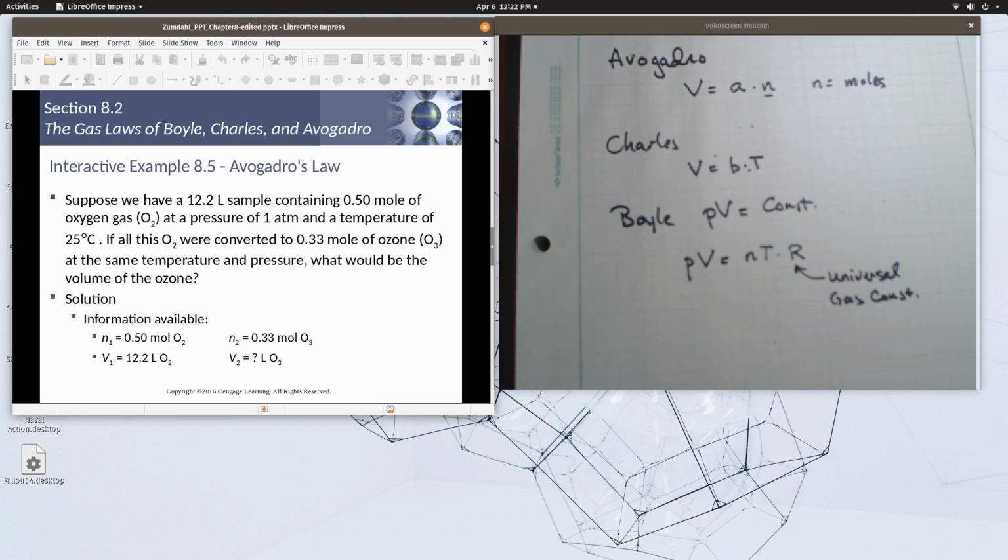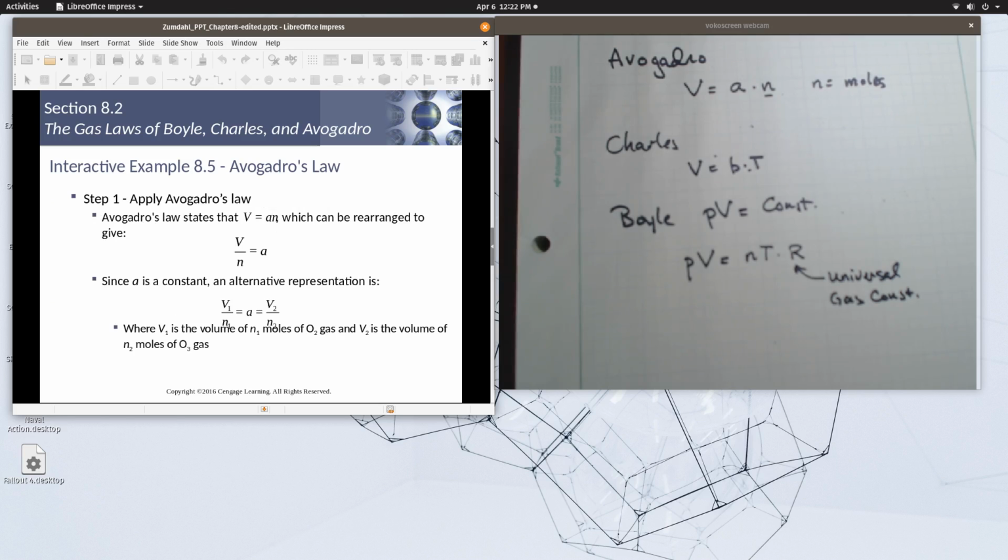Okay. Well, I have fewer moles present in the system, therefore I should get a smaller volume. You can almost think this through very easily and make sure that we get the right number. So again, volume over number of moles is equal to a constant, and therefore V1 over N1 is equal to V2 over N2.